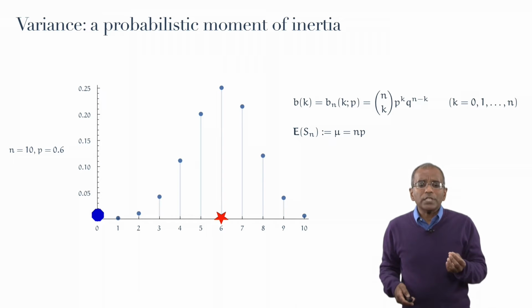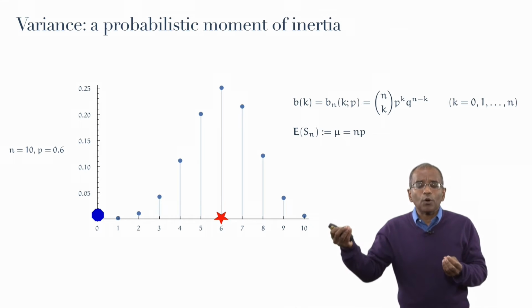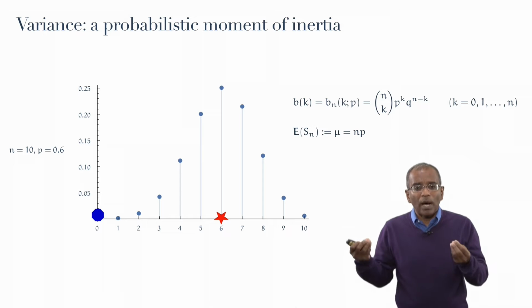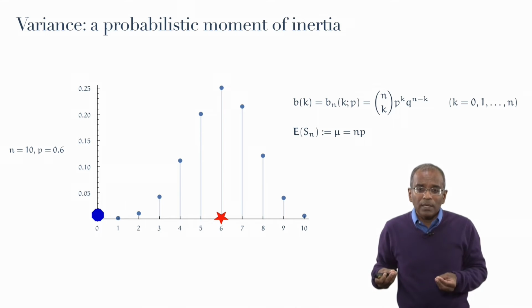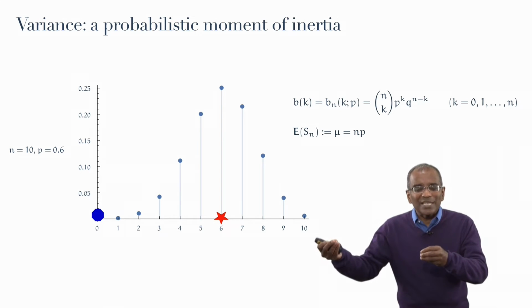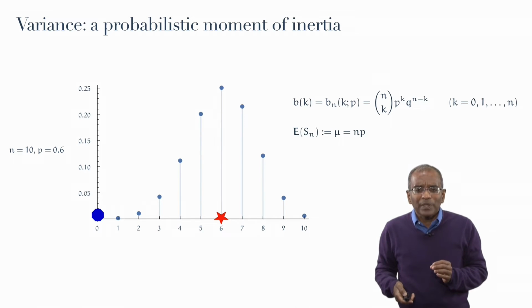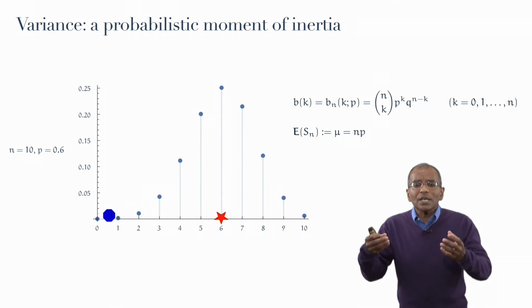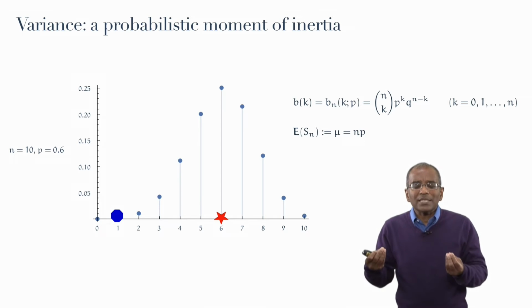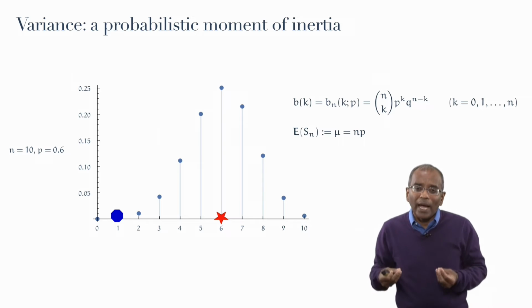The square of the distance of 0 from 6 is 0 minus 6, the whole squared. Of course, 0 successes occur with a very small probability, b of 0. The square of the distance 1 from 6 is 1 minus 6, the whole squared, or 5 squared.